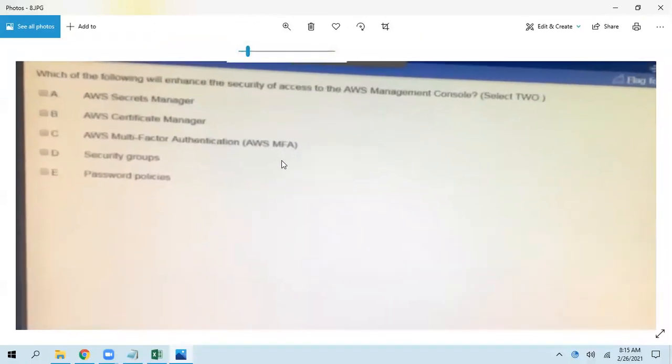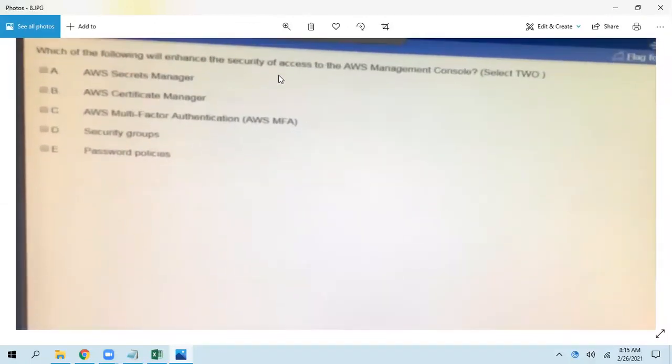Which of the following will enhance the security of access to the AWS management console? Password policies. C and E, multi-factor authentication and password policy.